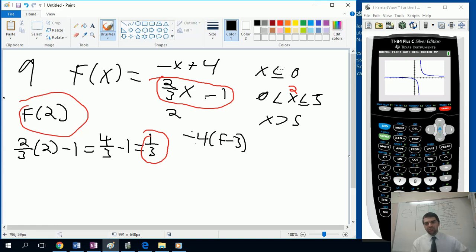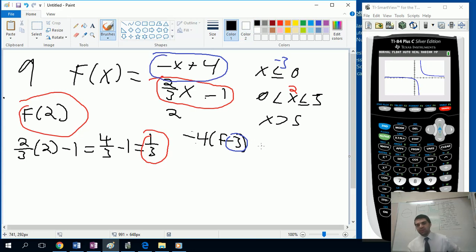Negative 3 is less than 0, so we're going to be using the first function.